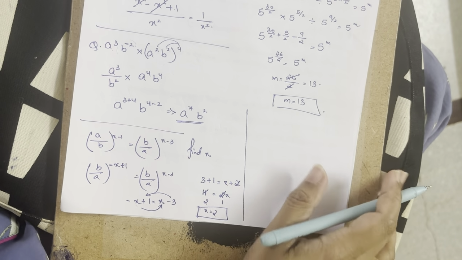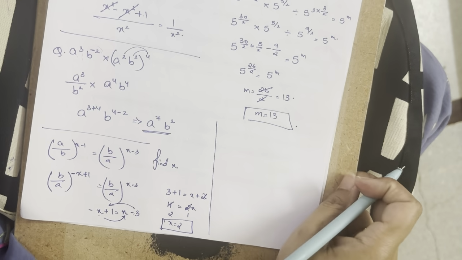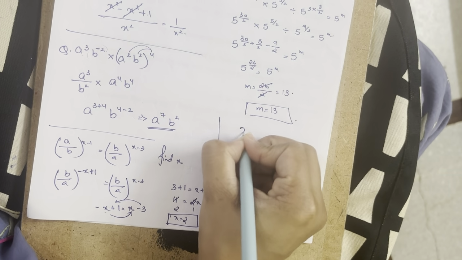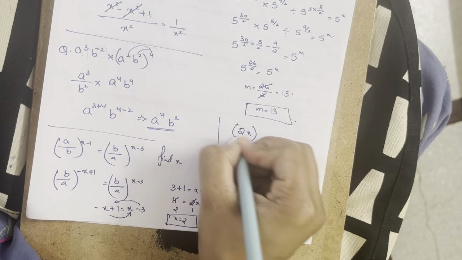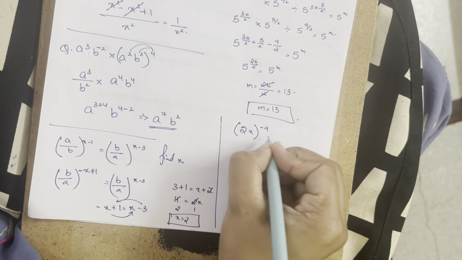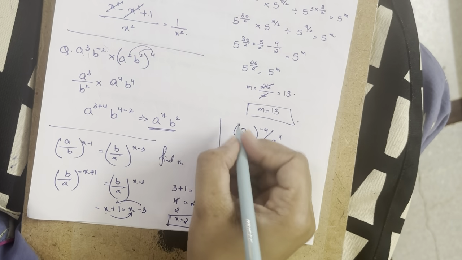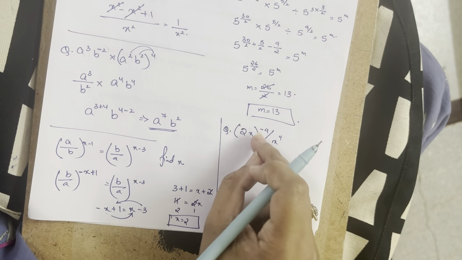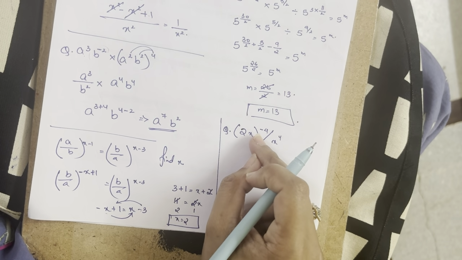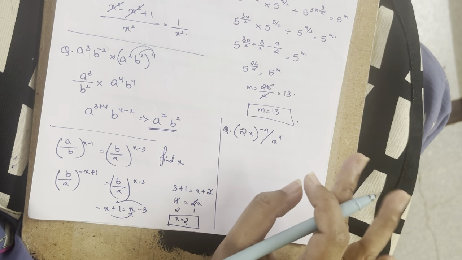Okay. Next question that we have is 2x to the power minus 4 upon x to the power 4. Okay, this is another question that is given. So negative 4 means automatically this is not in its position. I have to change the position for it.